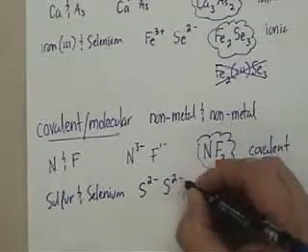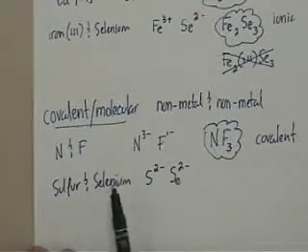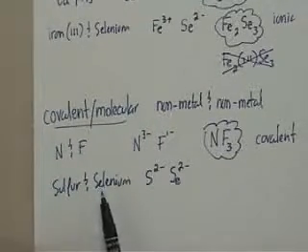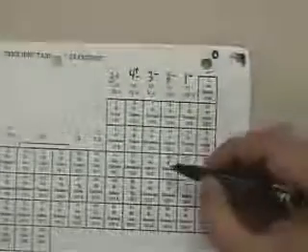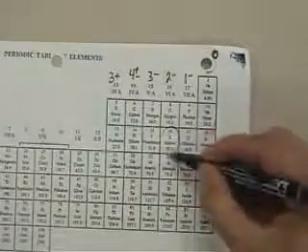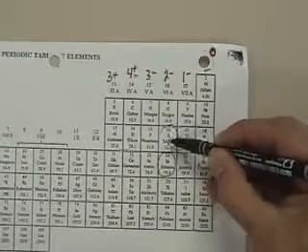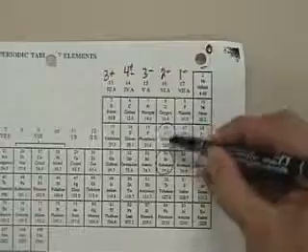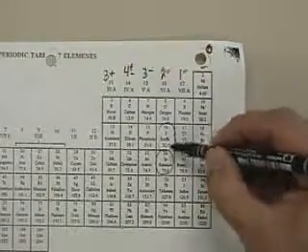Selenium is also 2 minus. But they're both 2 minuses. They're both from the same vertical column. How do I know which one I put to the left and which one I put to the right? Well, let's look at the periodic table here. Sulfur is here. Selenium is here. You're going to use the one that's above, the topmost one, the one with the least atomic number, however you'd like to think of it. So sulfur is first and then selenium. That's how you're going to do that.